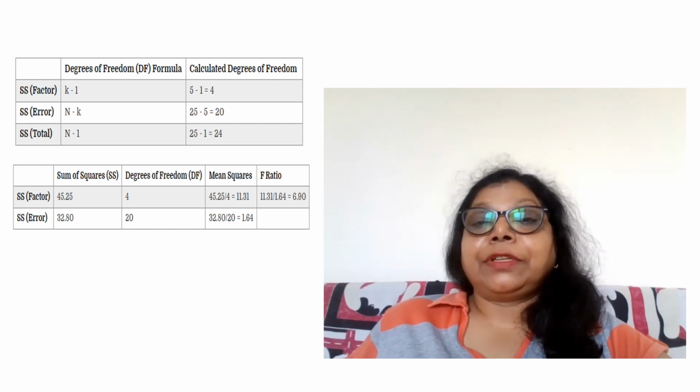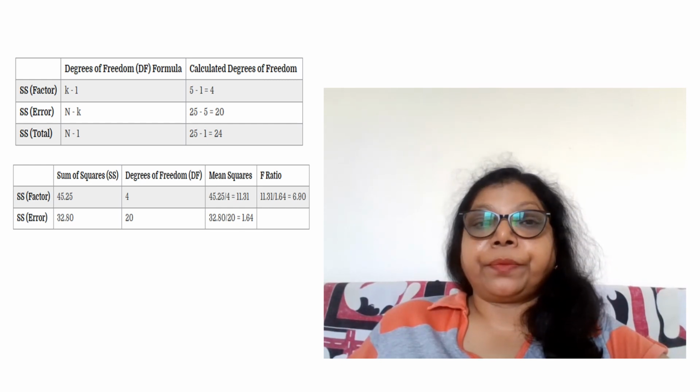For the SS of the factor, that is k minus 1, so it becomes 4. For the SS of the error, that is n minus k, so 25 minus 5 is 20, and total SS will be n minus 1, that is 25 minus 1, that is 24.